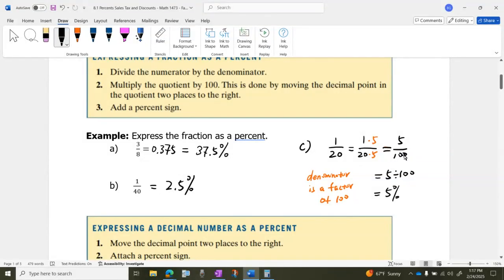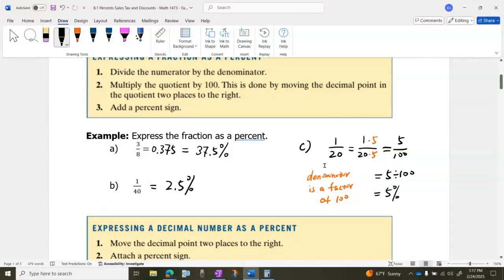So that means every time you purchase $100 worth of products, not only do you have to pay the seller, you have to pay the government $5. So 5 out of 100, 5 divided by 100, 5%.